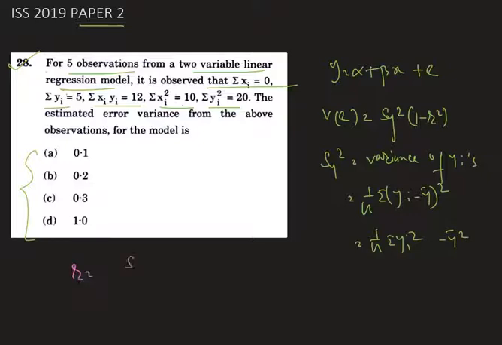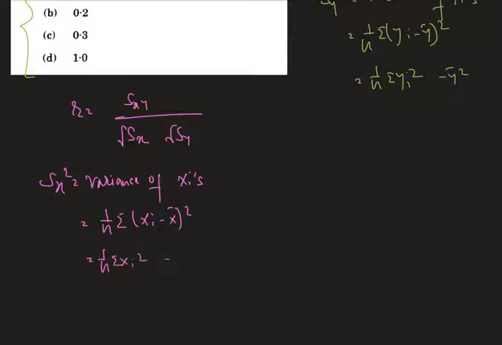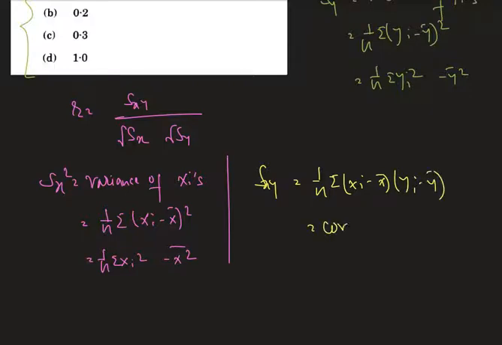Now r equals sxy over sx times sy, where sx square is the variance of xi's, which is nothing but 1 by n sum over xi minus x bar whole square, or we can write 1 by n sum over xi square minus x bar square, and sxy is equal to 1 by n sum over xi minus x bar multiplied by yi minus y bar, that is the covariance of x and y.